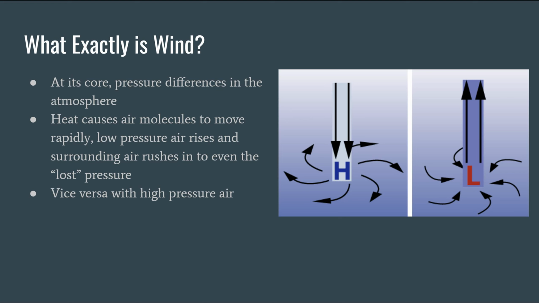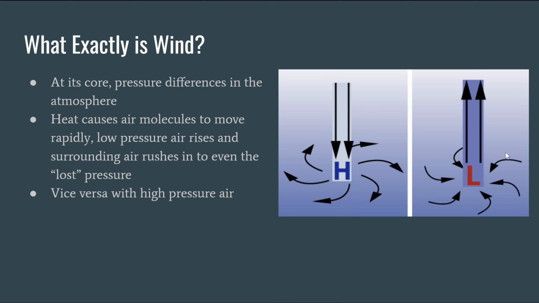But basically, when air is less dense, it rises, and that leads to areas of low pressure. We can start by looking at the right side of this diagram. We can see the L is basically an area of low pressure, right? And then we see this warm air rising.